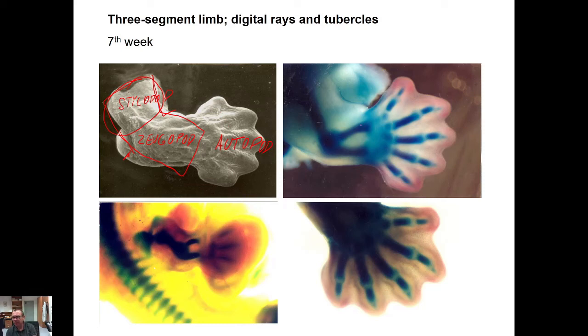And the proof of cartilage, proof of chondroitin sulfate here, is showing digital rays of the autopod, 5 digit rays, future fingers, and also tubercles and grooves between them are visible.